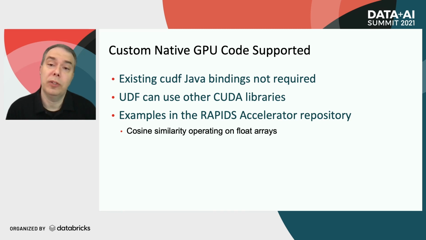You could use custom CUDA code you write yourself, either using Thrust or just raw CUDA files. And there are examples of these kinds of things in the RAPIDS Accelerator repository. Specifically, I wanted to call out cosine similarity has been implemented, which shows how you can handle array inputs of floats. So this takes 2 float array inputs as vectors of floats and computes the cosine similarity between those vectors.